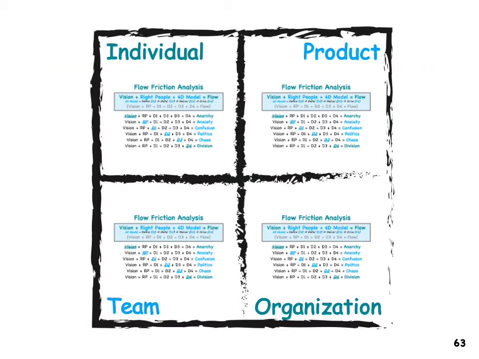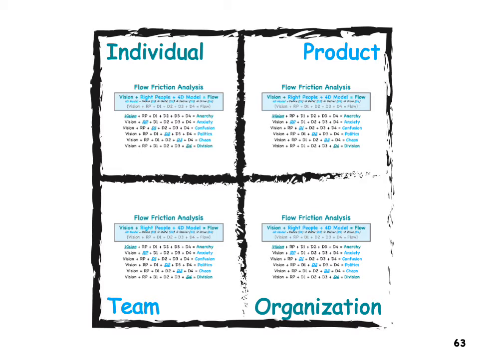We use the flow friction analysis, as I mentioned earlier, in all 4 areas. We use it with the individual. Are they feeling anxious? Do they feel like they're experiencing anarchy? You can do this at the individual level and quickly measure how does the person feel. You can use dot voting if you want to. Same for the team. We can dot vote and have the team vote what of any of these may be present with the team.